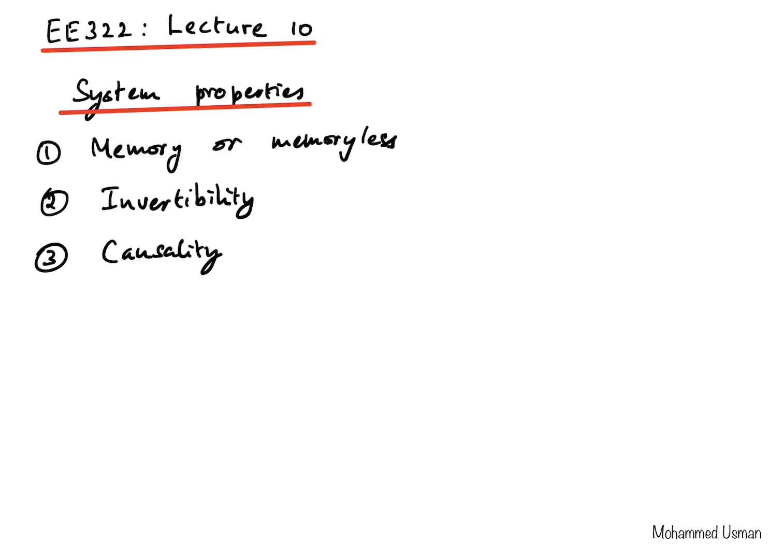When we have time as our independent variable, we cannot have a system whose output at any time depends on future inputs. Such a non-causal system is not physically realizable. We cannot implement a non-causal system physically in the real world. That is what we mean by causality.